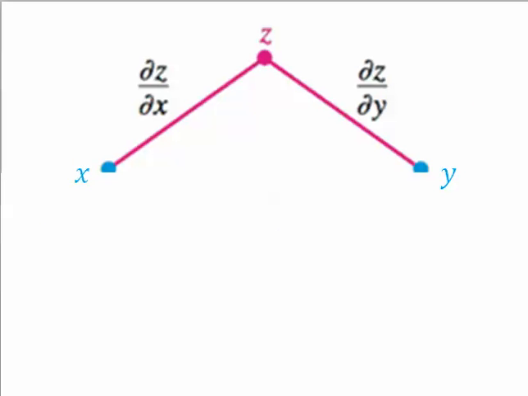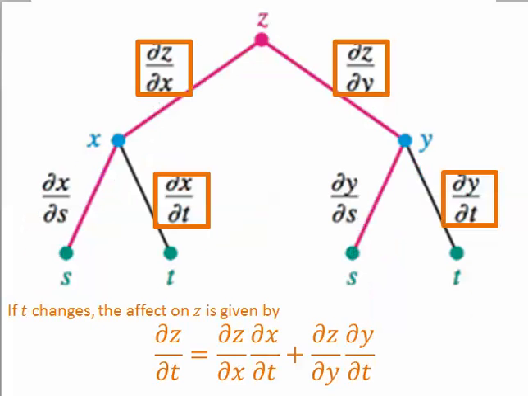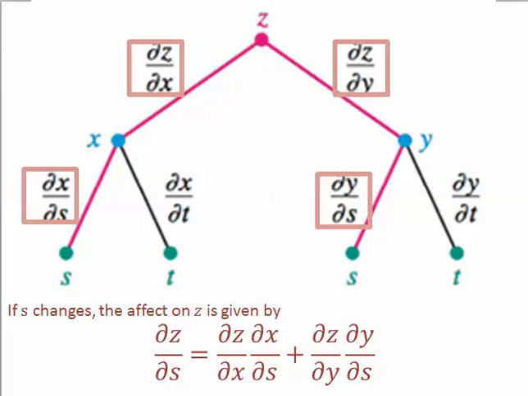Z is a function of both x and y, which in turn are functions of s and t. If t changes, the effect on z is given by z partial t. If s changes, the effect on z is given by z partial s.